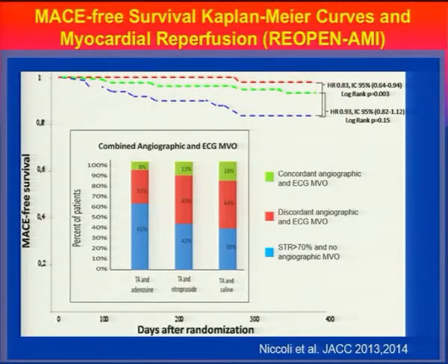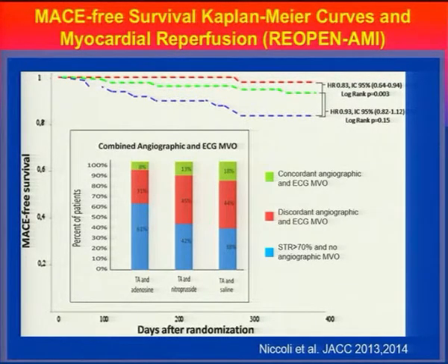Recently, the AMI trial was conducted and reported last year and this year. After thrombus aspiration, they gave adenosine intracoronary in the infarct-related artery and looked at what happened to the ST segment resolution and also the angiographic microvascular obstruction.